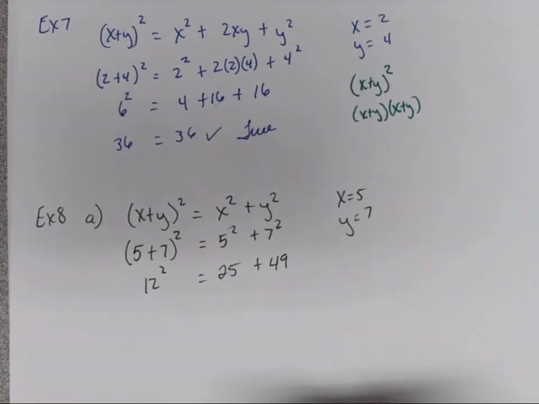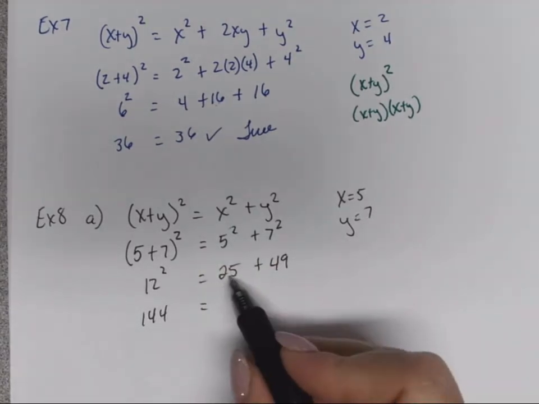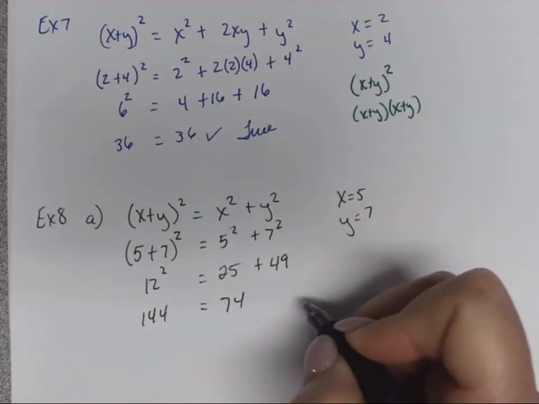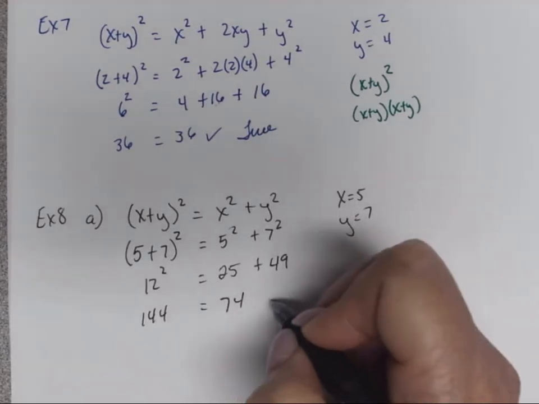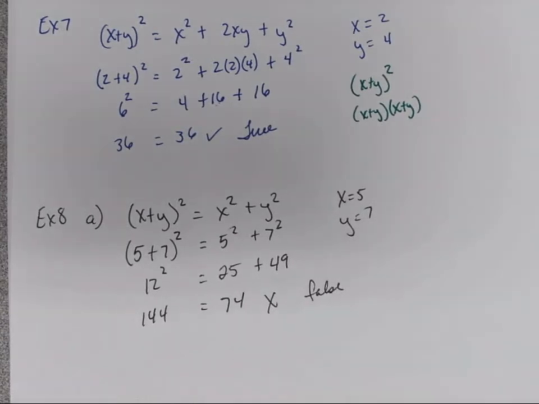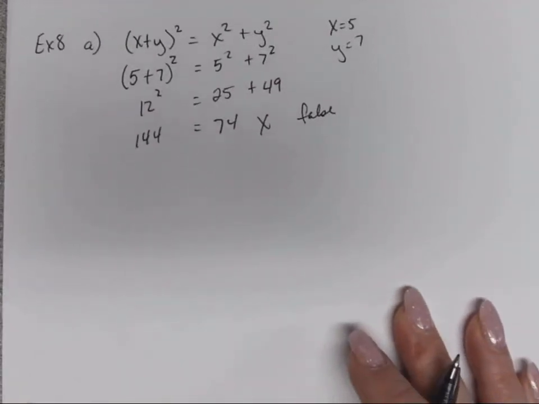Well, 12 squared, that's 12 times 12 is 144. If I add 25 plus 49, that will get me 74. Oh, 144 does not equal 74, so this is false. That's all you got to do. That's a counterexample. It proves it's not a true statement.